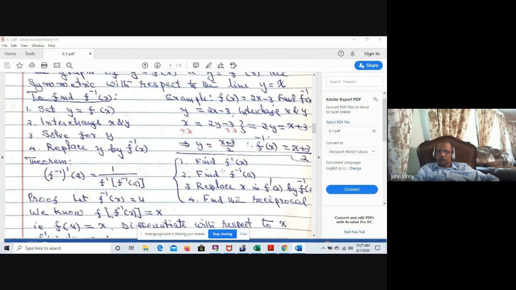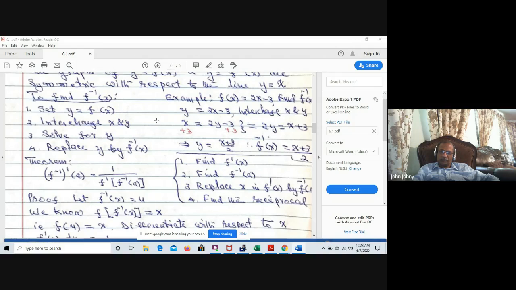So this is a procedure. There are 4 steps. First find f prime x, then find f inverse a, then replace x in f prime x by f inverse a, and then find the reciprocal.